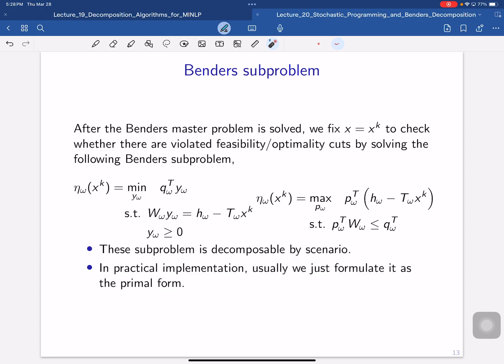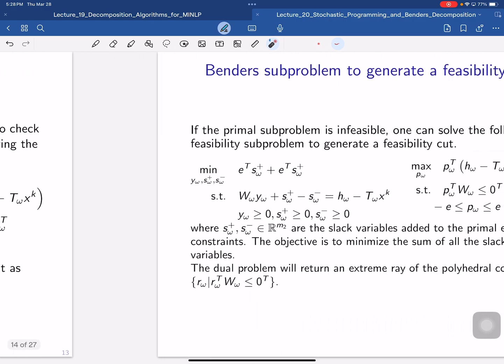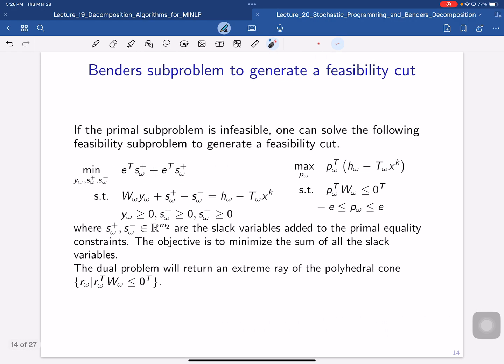Now we will talk about, in practice, how you get an extreme ray from the subproblem. The way to do it is that if you know the problem is infeasible, you can do the trick we have been using multiple times: add some slack variables to make the problem feasible.